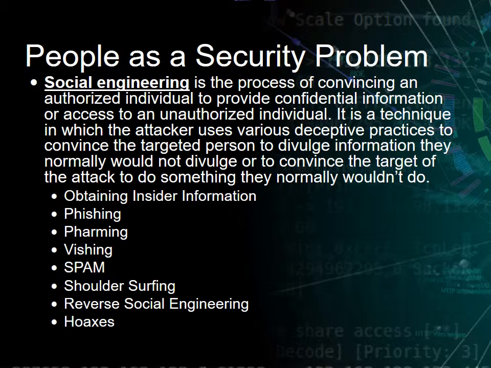More often than not, it's scams. Shoulder surfing is somebody looking over your shoulder or using some kind of technique to observe what you're doing. Reverse social engineering is getting you to access their website so that they can manipulate you. And hoaxes are fake news or activities to convince you that something has happened.